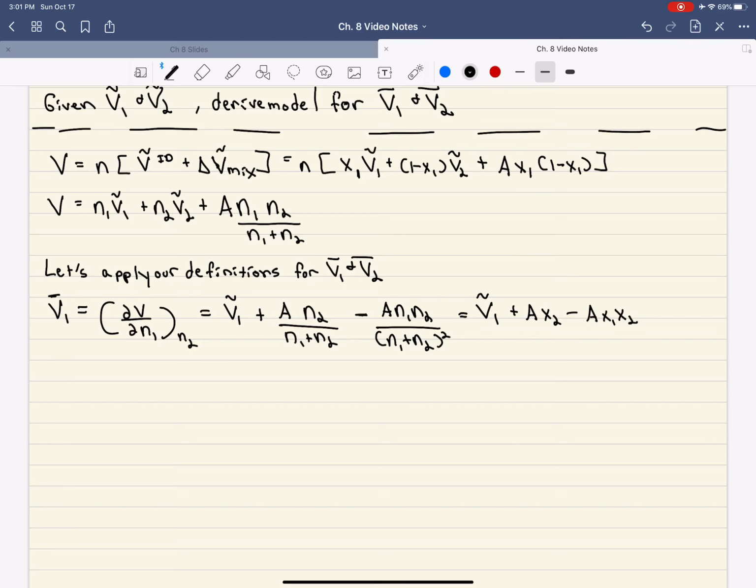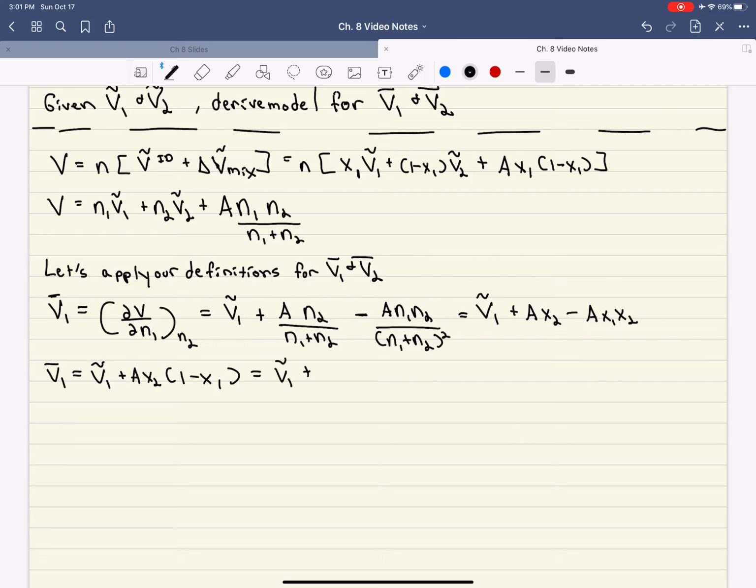And so if we factor out the A, what we get is V1 tilde plus A x2 times 1 minus x1, which by itself is x2. Okay?